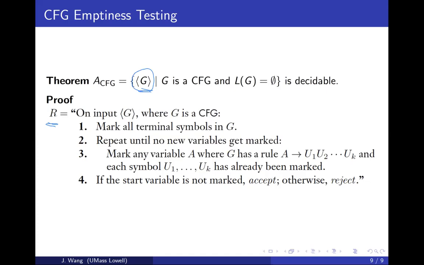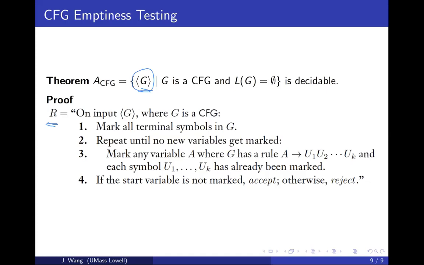So in other words, I just want to know whether there is something that can be derived from S. Okay, so first we have to find out whether all these variables can be reachable from the start state. Okay, so we repeat the following until no new variables get marked.